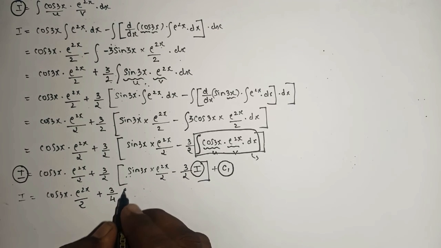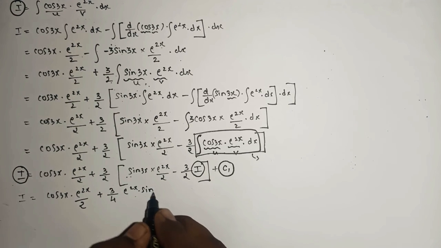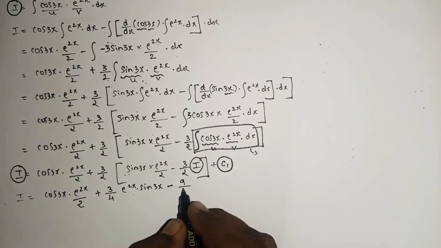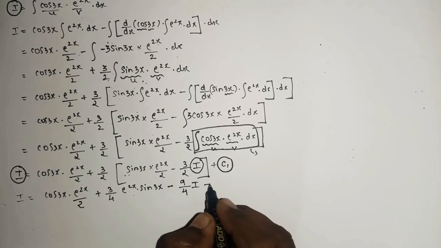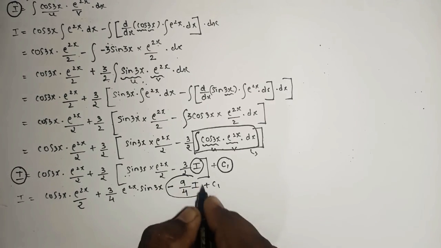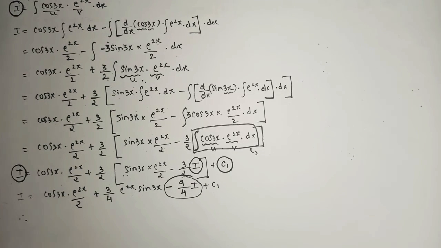Yes or no? e raised to 2x into sine 3x minus 9 upon 4 I plus c1. So we'll bring this section to the left hand side.